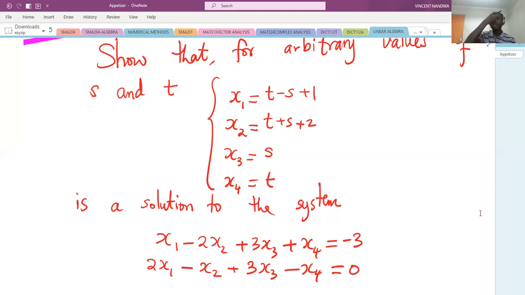So what this simply means is that you have to replace what x1, x2, x3, and x4 are given in terms of S and T into the left-hand side of each of these two equations in this system, and show that after simplification, the answer you get on the left-hand side agrees with what is given on the right-hand side.